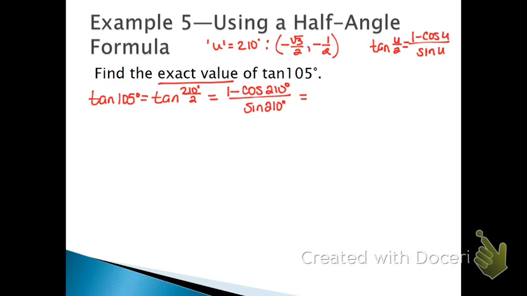So let's plug in. We have 1 minus. What is cosine of 210 degrees? Negative square root of 3 over 2. Over, what is sine of 210 degrees?